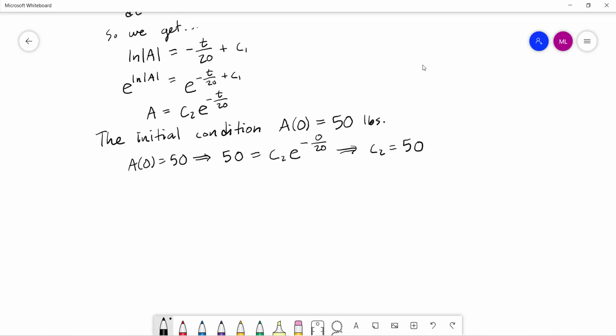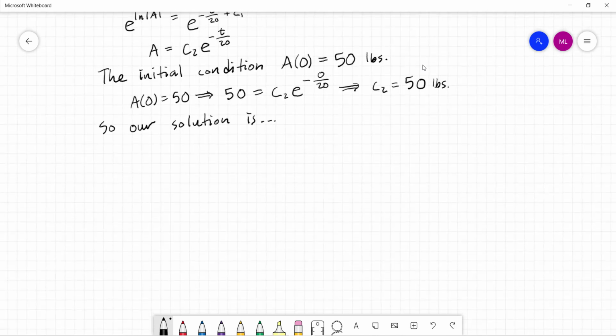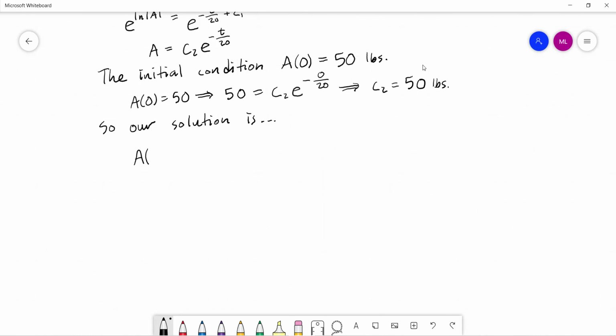So C2 is 50, and it again has units of pounds. So our solution is that A of t is equal to 50 times e to the negative t over 20. You plug in a value of time, 10 minutes say, and this will spit out the amount of salt remaining in the tank at that time.